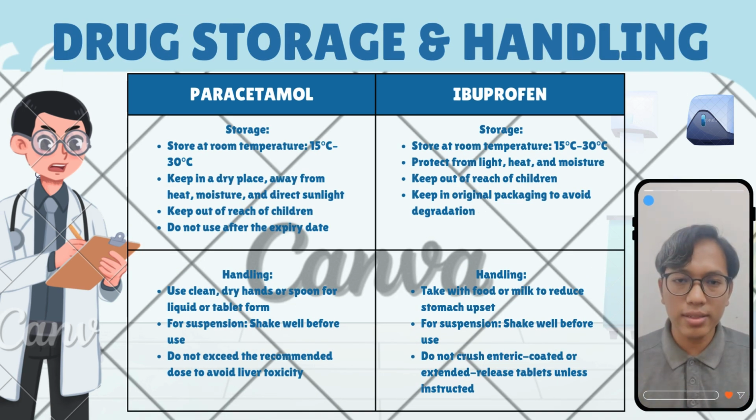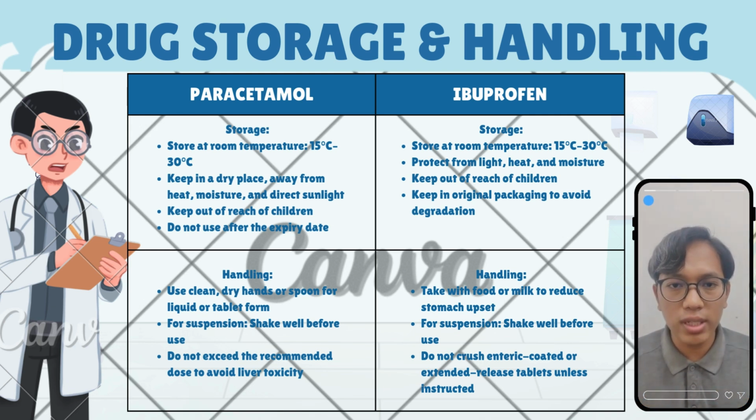The next part is drug storage and handling. For paracetamol, store at room temperature, 15 degrees Celsius to 30 degrees Celsius. Keep in a dry place away from heat, moisture, and direct sunlight.